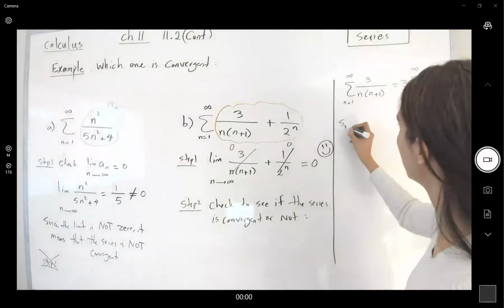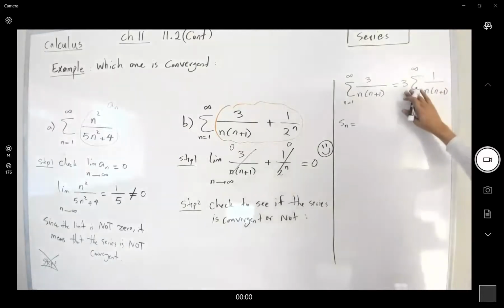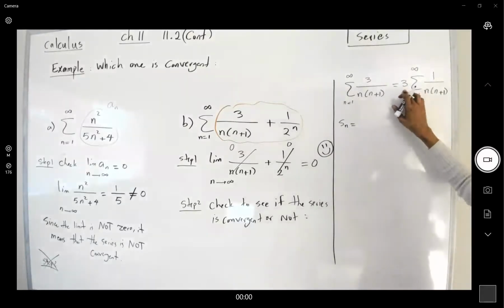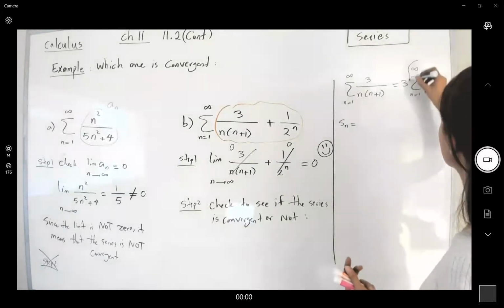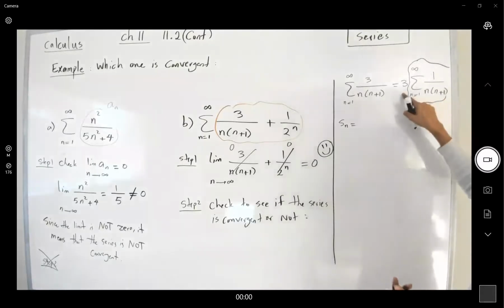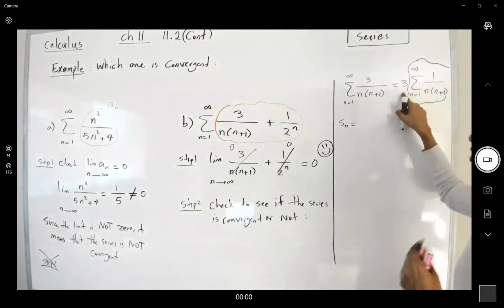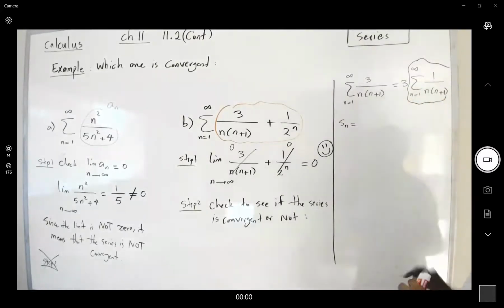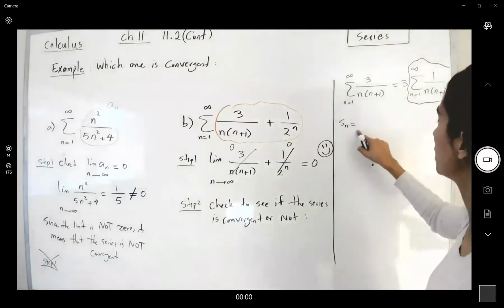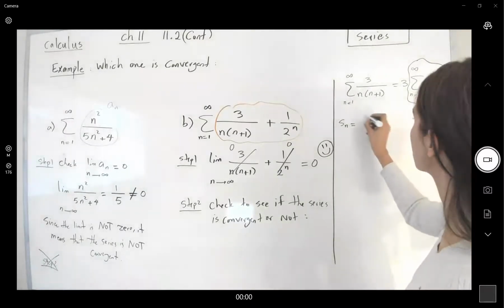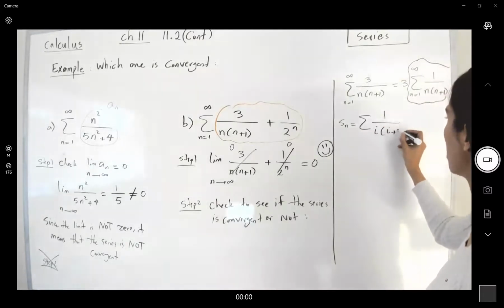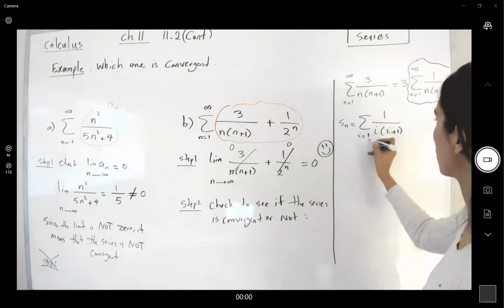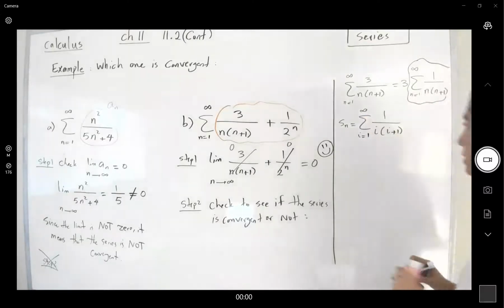So S_n is equal to, I'm going to keep this 3 outside the series and just analyze this series here. This is just a scalar, just a number, just a constant. So let us leave it outside. S_n is equal to the sum 1 over i times i plus 1, i starts from 1, goes to n.